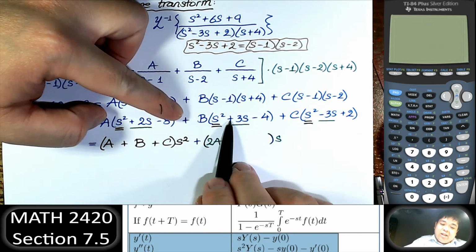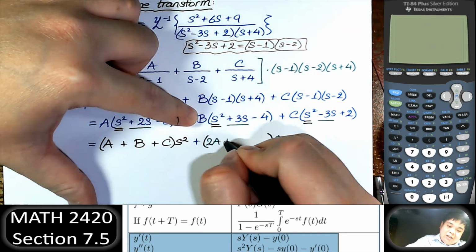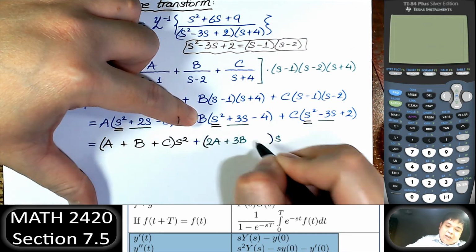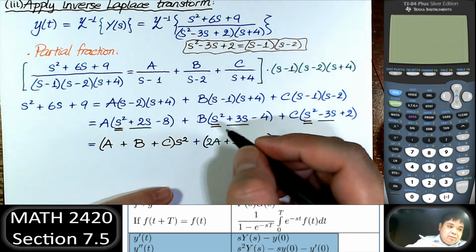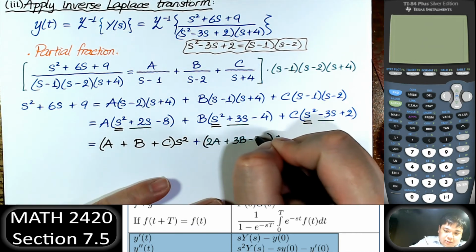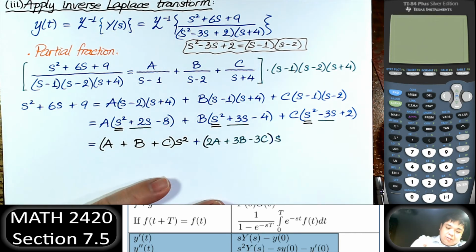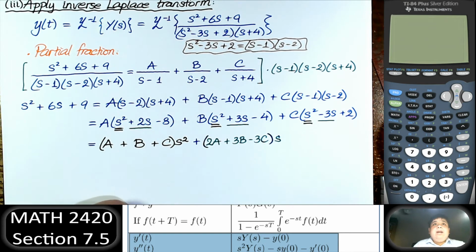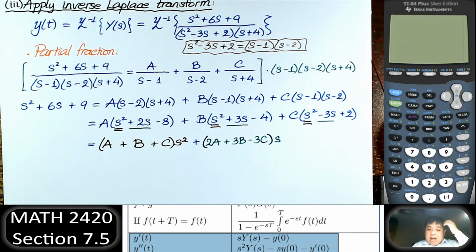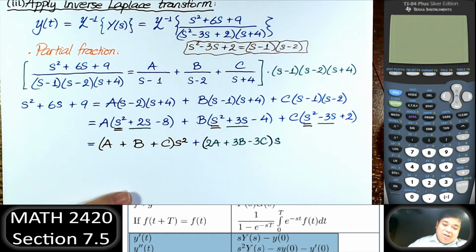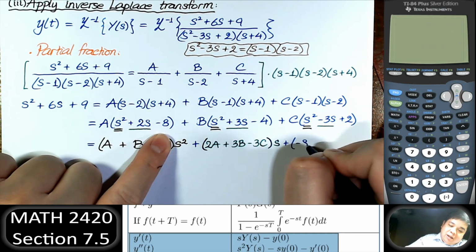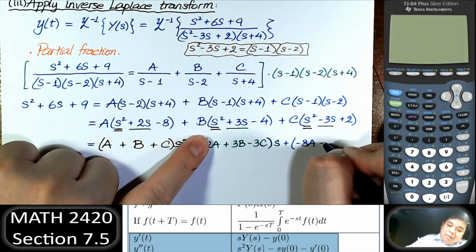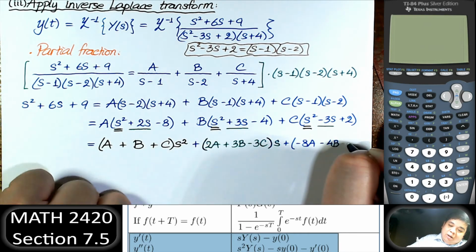There are 3s, but with the B. And then minus 3, but with a C. And finally, just multiply everything out. We have the constant term minus 8A minus 4B plus 2C.